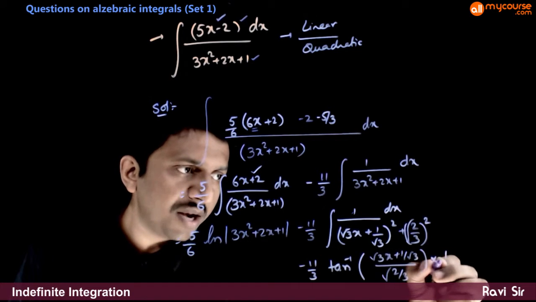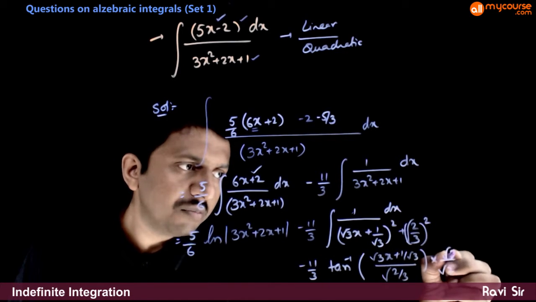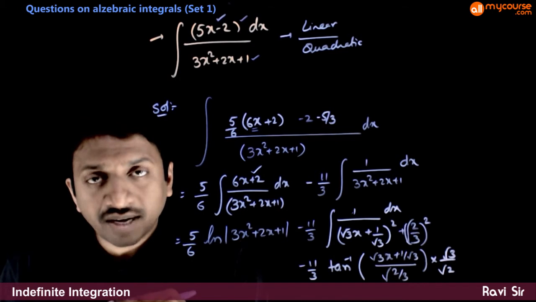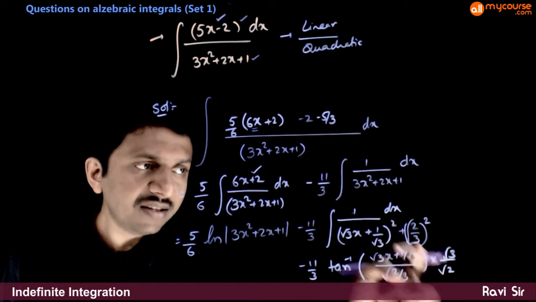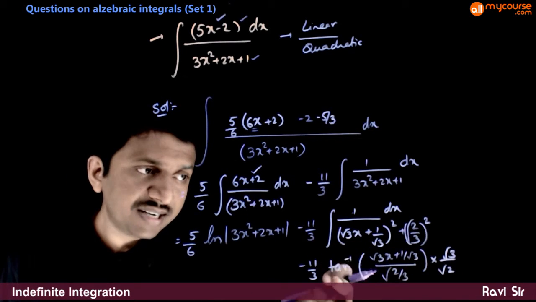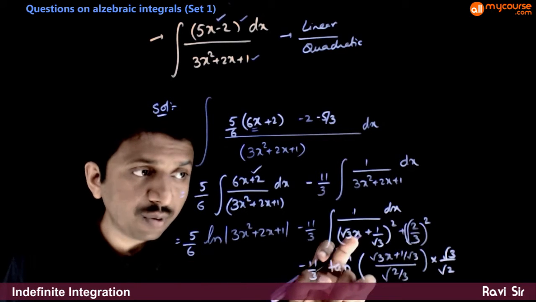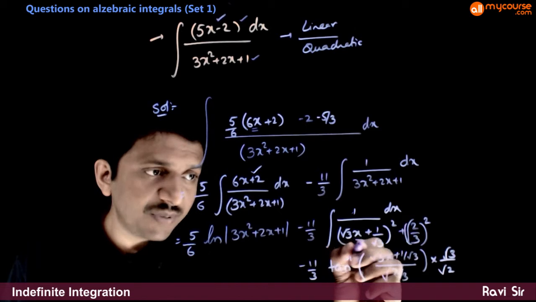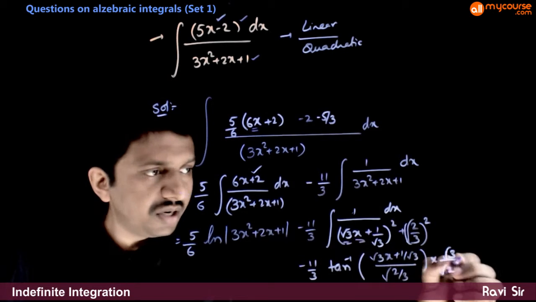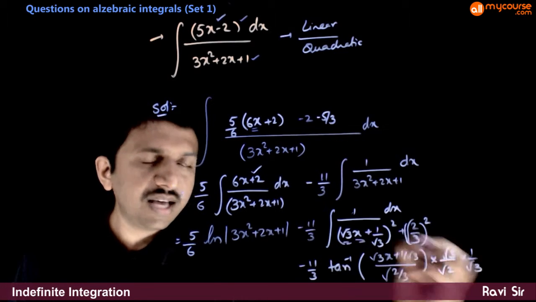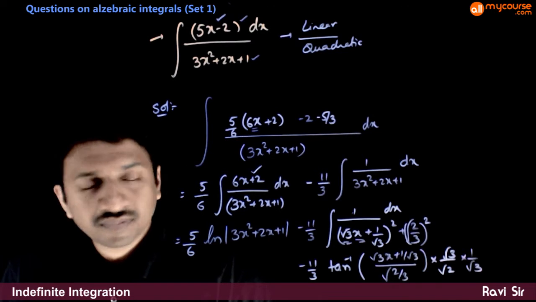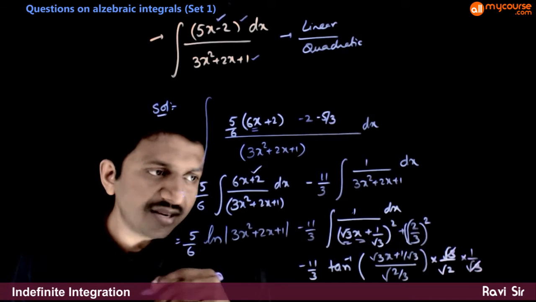So into 1 by root 2 by root 3, right? 1 by a, 1 by root 2 by root 3, tan inverse of x by a, but in the place of x you have root 3x plus 1 by root 3. X is being multiplied by root 3, so you need to divide it with an extra root 3. So these two get cancelled.